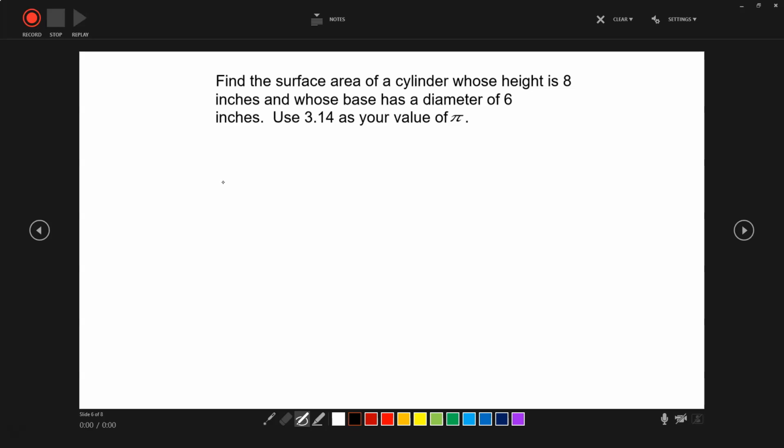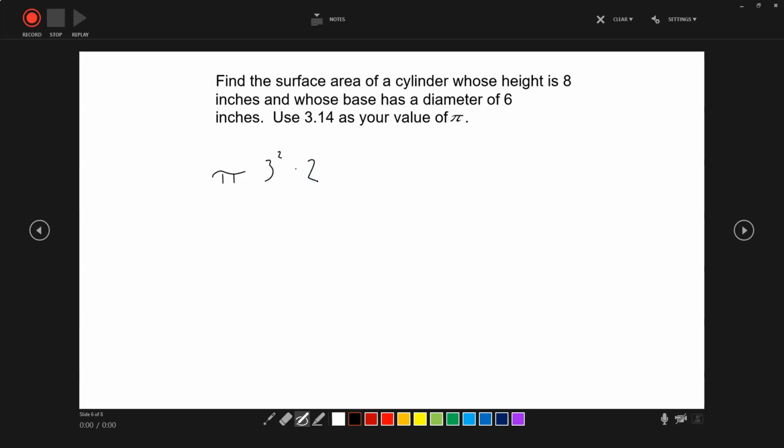However, the radius is half of the diameter, so that would give us 3. So if we use our formula, we have pi, and we have a radius of 3 now, don't we? So 3 squared, and then times 2.